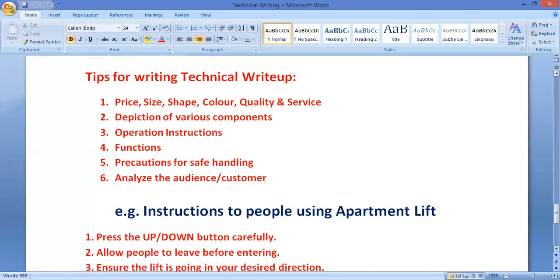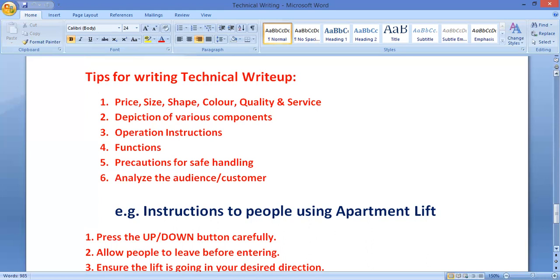Or you use a pen drive, you use a mobile, a laptop, a digital camera. These are devices which you use in your daily routine life. So try to write the description, or the technical write-up, for the devices which you use in your daily life, so that it will be helpful for you to develop your technical writing skill.